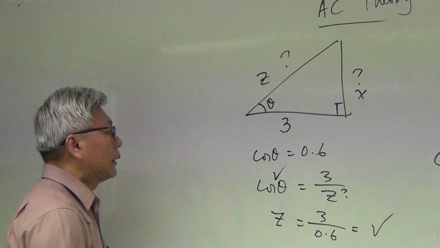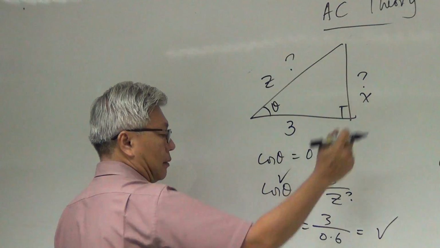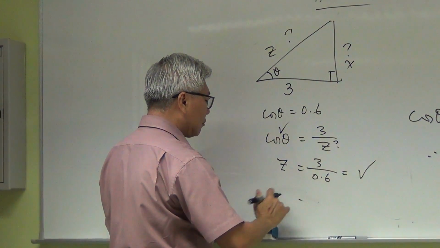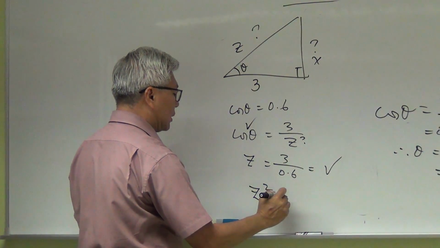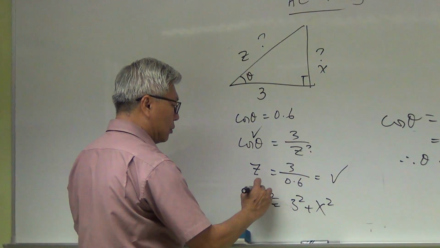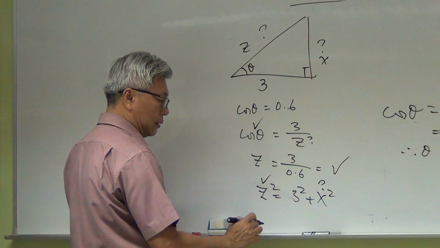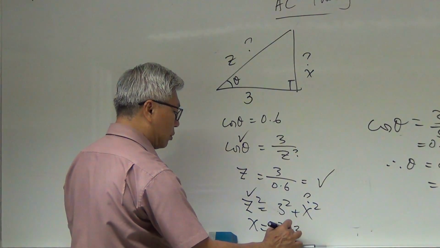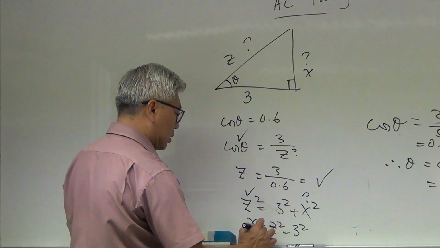Then how do I find x? If you use Pythagoras theorem, z square is equal to 3 square plus x square. You know z, can you find x? Yes. X is equal to the square root of z square minus 3 square.